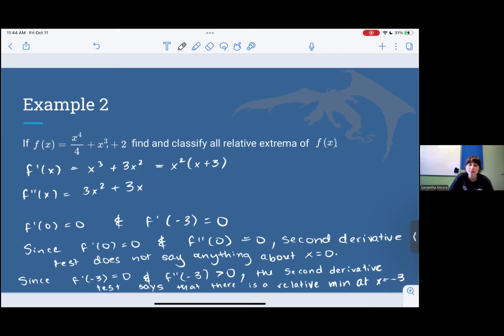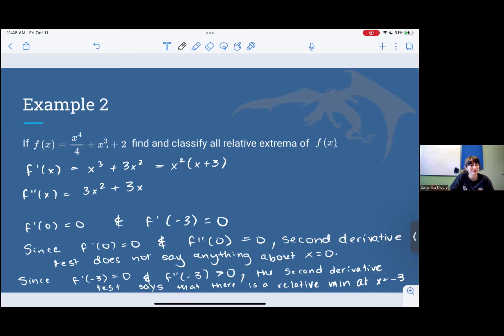Okay, so this is going to be our process for the second derivative test. You're going to find all the places where f prime equals 0, and then you're going to look at the sign of f double prime in those places and interpret it according to the second derivative test.